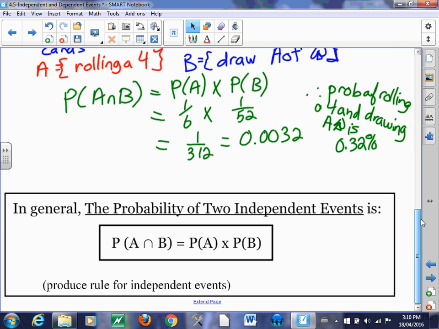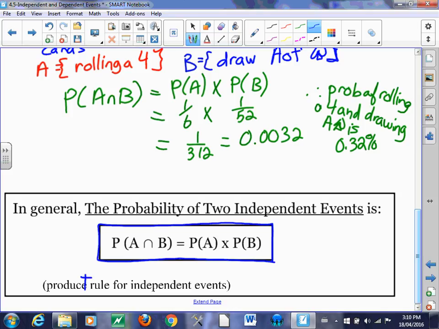One doesn't affect the other. So here's your formula, folks, for the probability of two independent events. This is the product rule for independent events. All right, good.